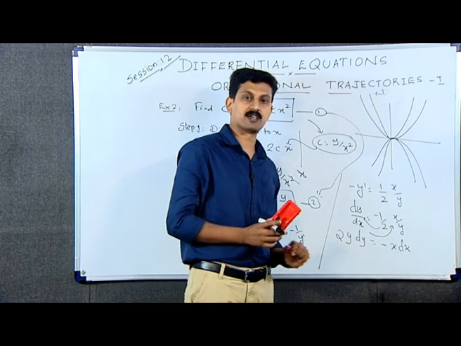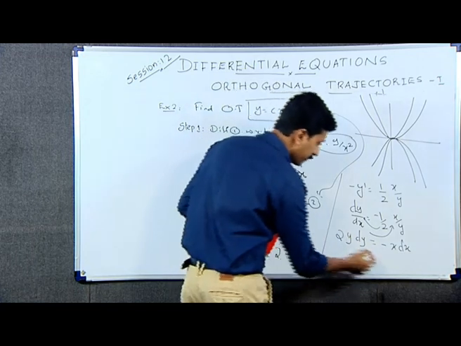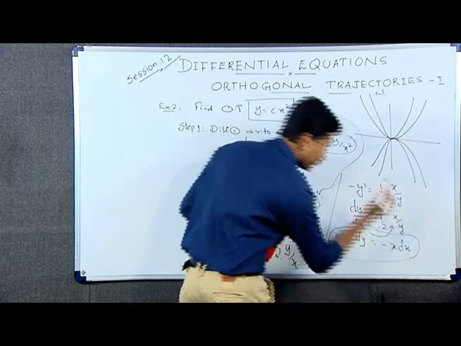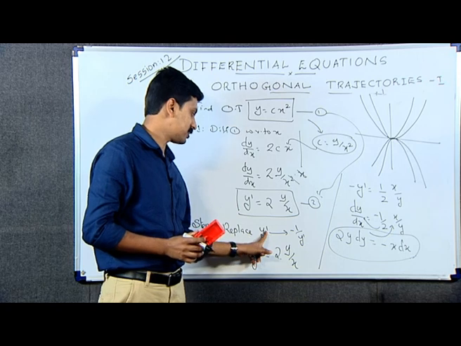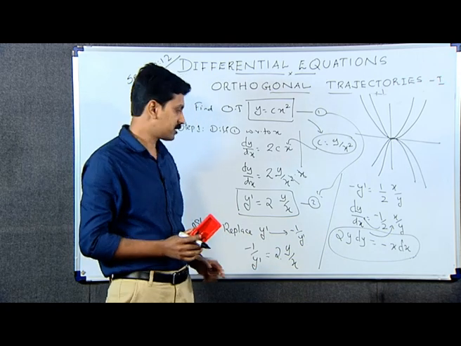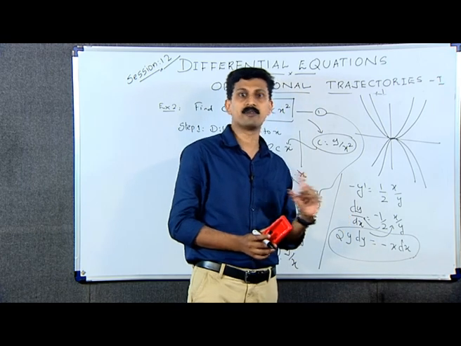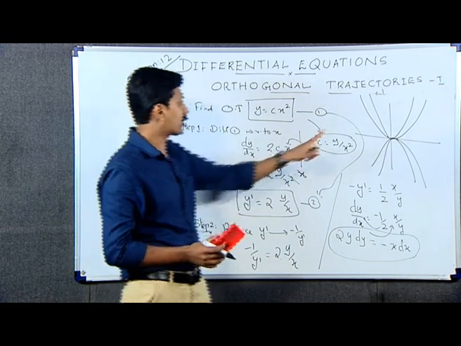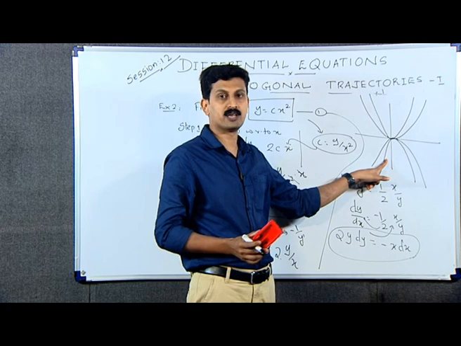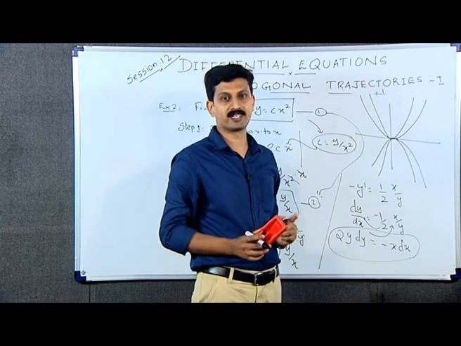Now, this is a differential equation. We got this differential equation by changing y dash as minus 1 by y dash. While solving this differential equation, we will get a family of curves which are orthogonal to the family of parabolas which is symmetric about the y axis.